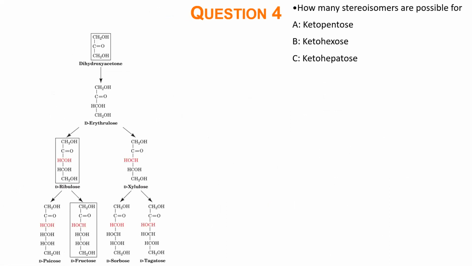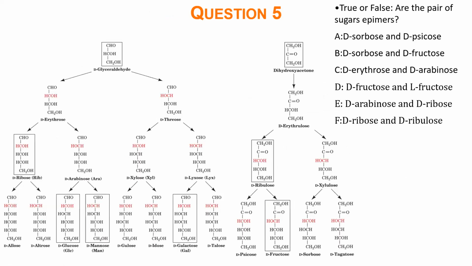Then we looked at what a stereoisomer is. That is where you have the same number of carbons, but different chirality. Then we looked at epimers, which is more specific in that you only have one different chiral carbon. So remember, that's a stereoisomer, and that is an epimer.